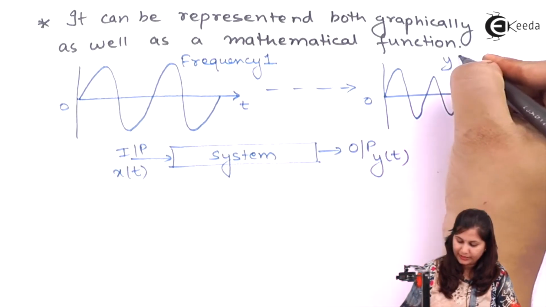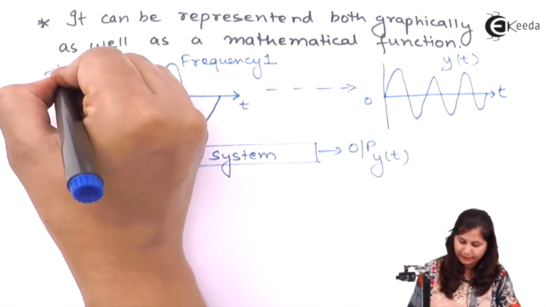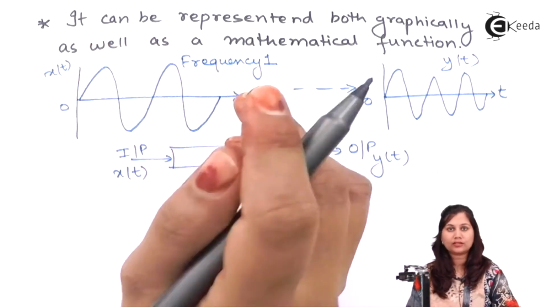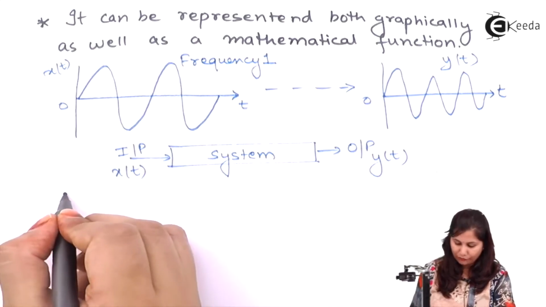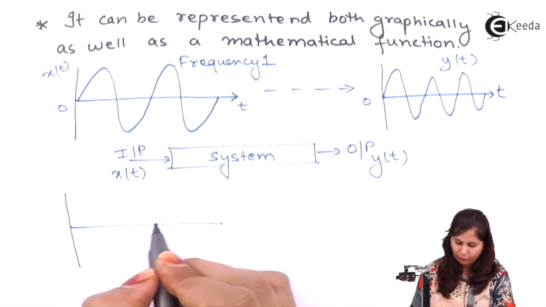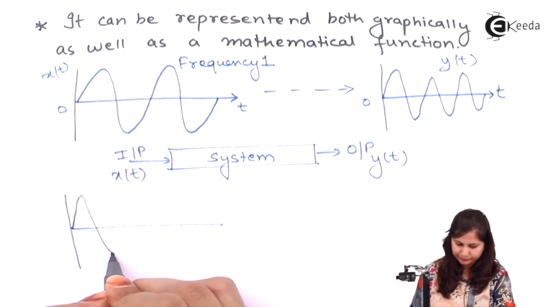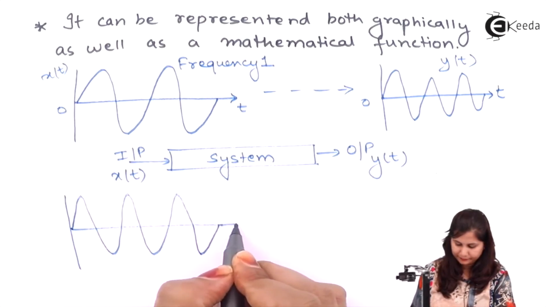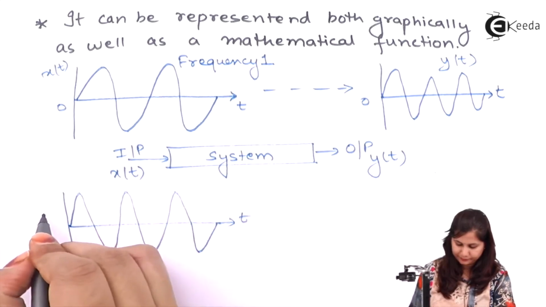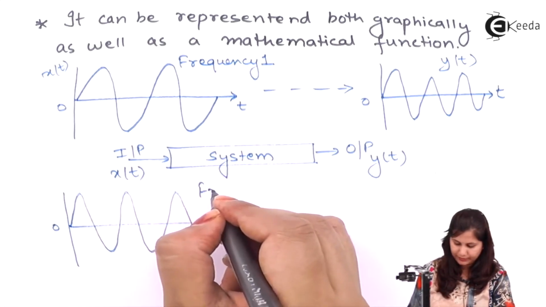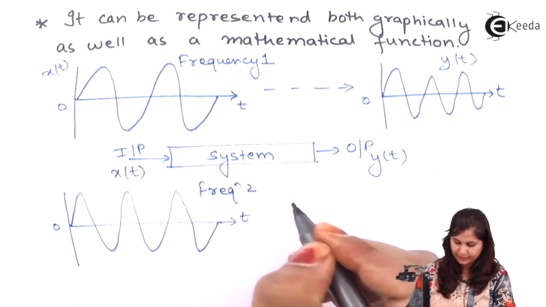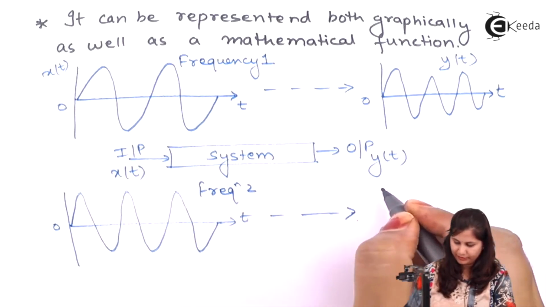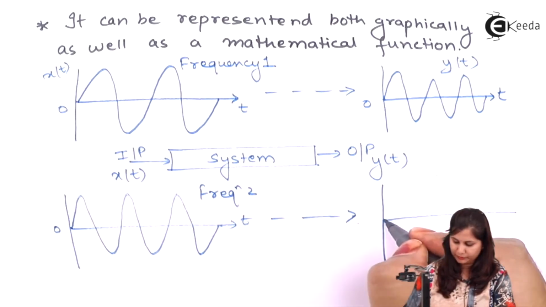So this is our output y(t) and this is our input x(t), at one frequency. Now for the second frequency the output may be different. This is the second frequency, and for this we have a different output.